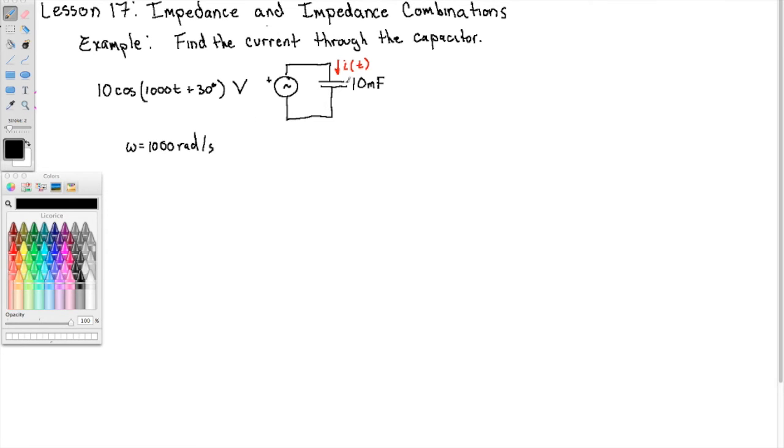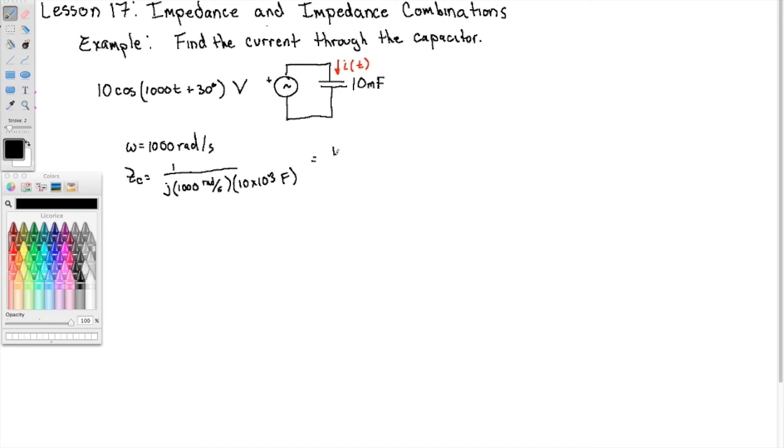Frequency. So that makes the impedance of the capacitor 1 over J times 1000 radians per second times C, which is 10 times 10 to the minus 3 farads. The minus 3 here cancels with the plus 3 here.